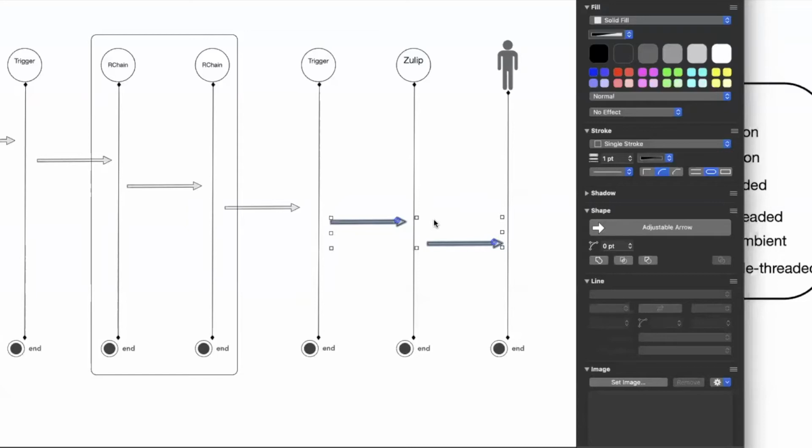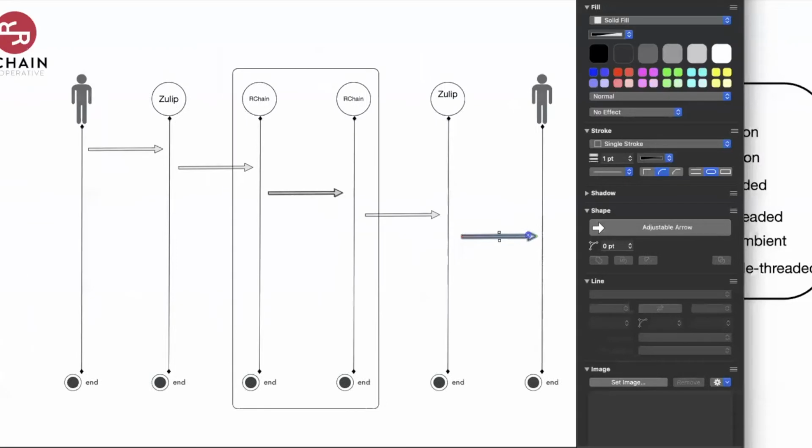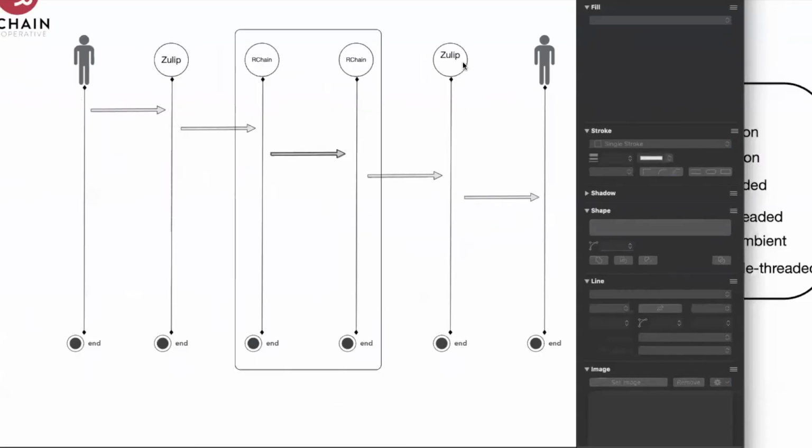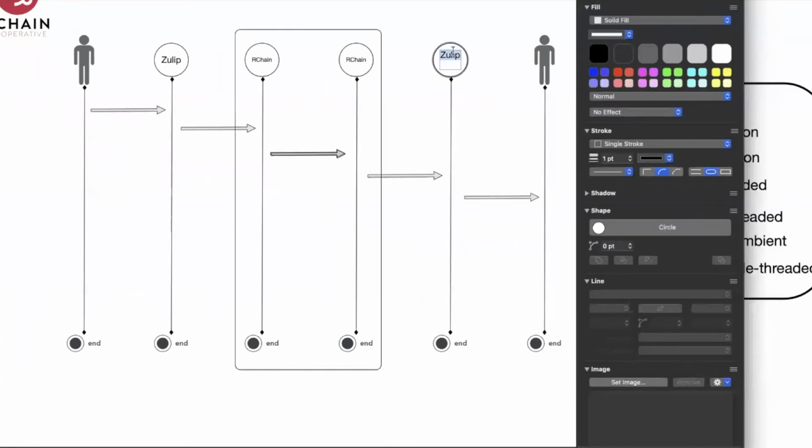And that's exactly right. That's exactly right. So you could take a diagram like this one, and instead of Zulip, you could have RChat. Yeah, I mean, maybe we should just call it Zulip or other, and then leave it that way.